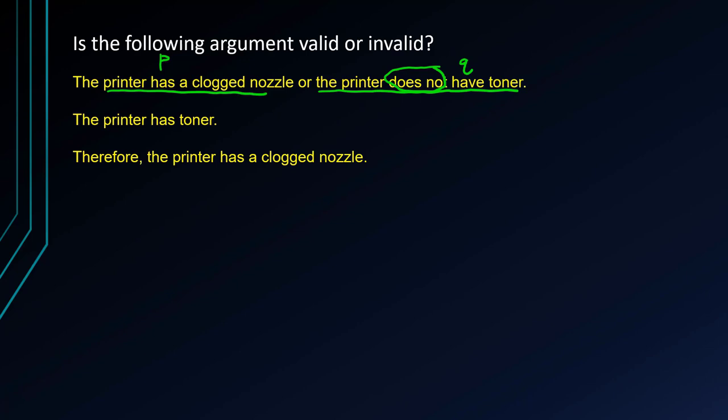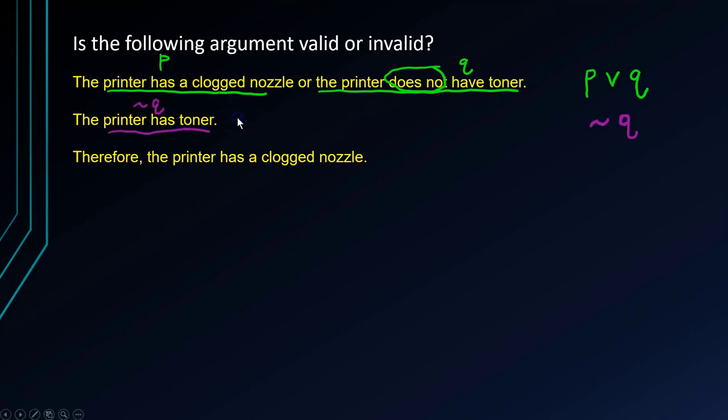And the laws you have listed don't really have any of them where the first statement has a not statement in there. So for this first one here, I'm going to say this is P or Q, because I'm defining Q as it not having toner. Therefore, when I say the printer has toner, it's perfectly legal to say, well, if Q represents it not having toner, then the opposite of that, having toner, would be not Q.